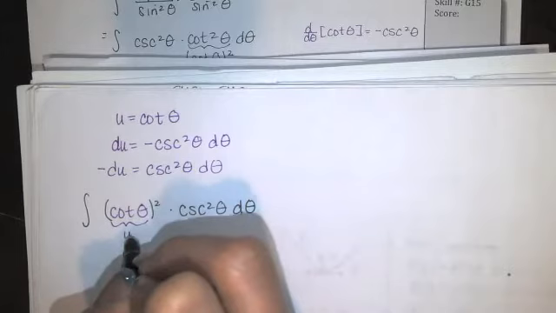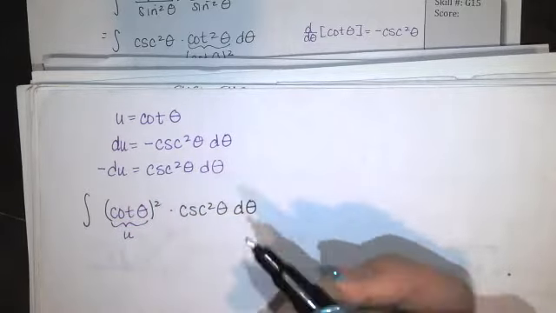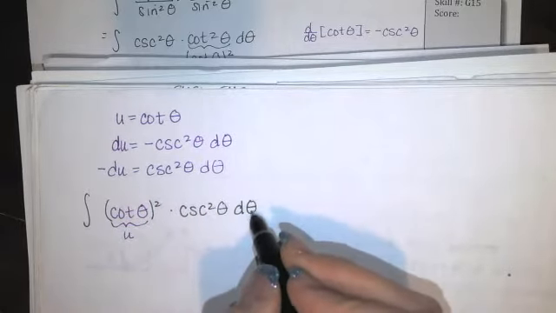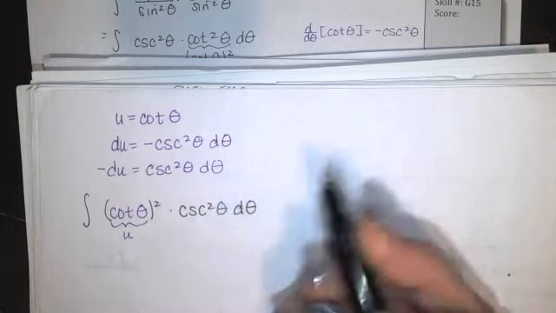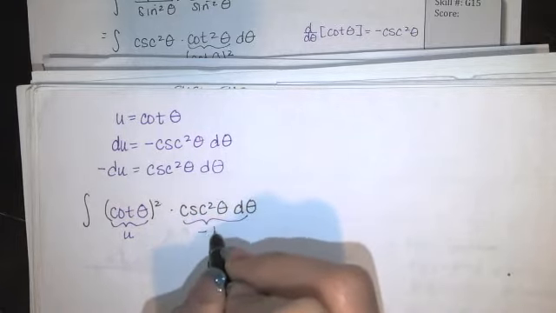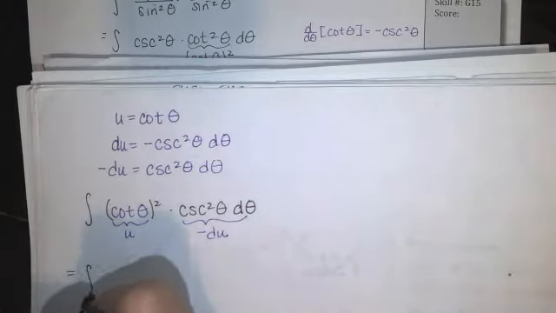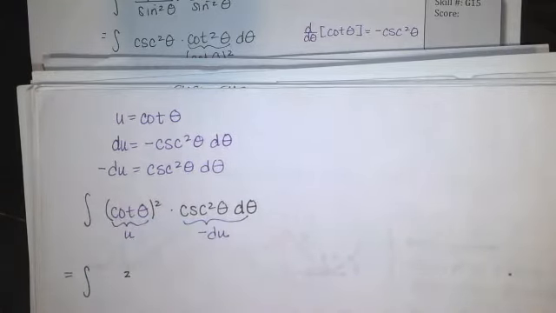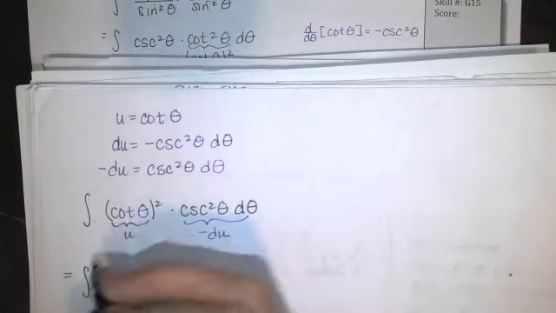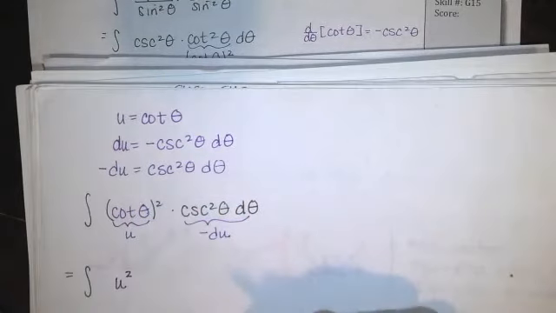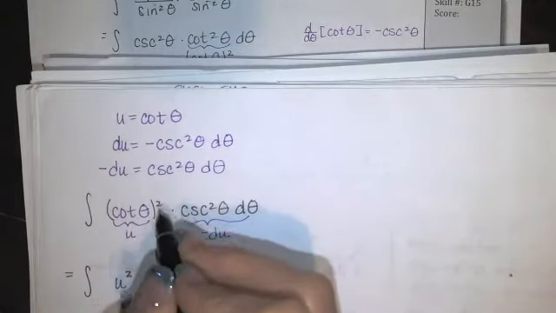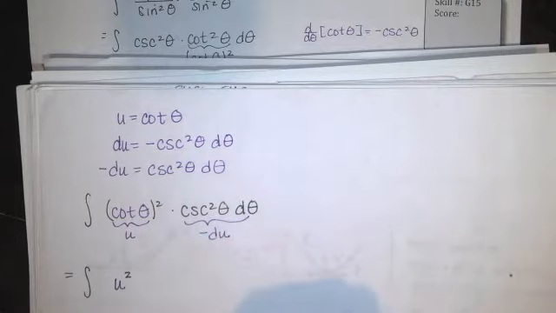Anyway, this can be thought of as u raised to the second power, and cosecant squared theta d theta, well, according to this, that is -1 times du. So the integral can be written in terms of u in the following way. This is u, just replacing the cotangent of theta with a u, and then that second power is still there. So I write the second power down.